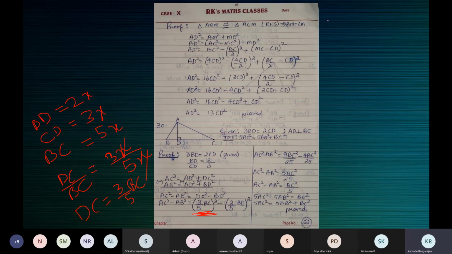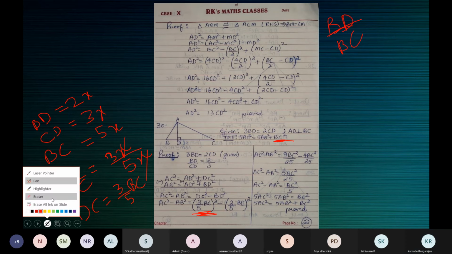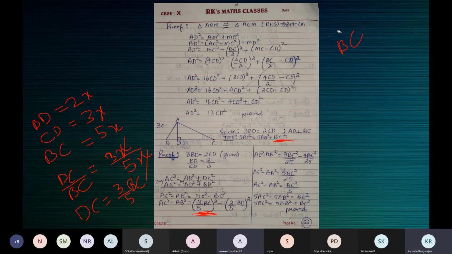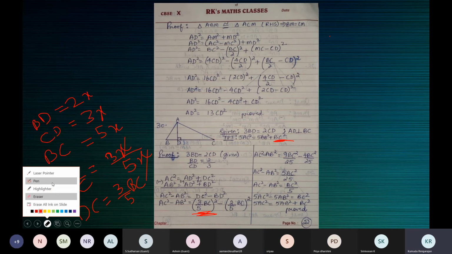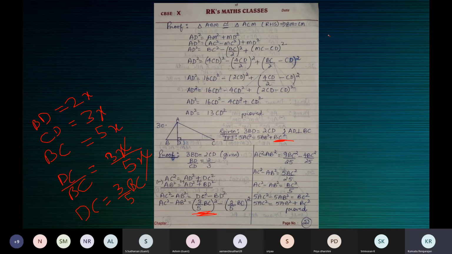Now we'll find BD by BC because we want to take away BD and we want to introduce BC. Why BC? Because the final result has BC. So let's find BD by BC.